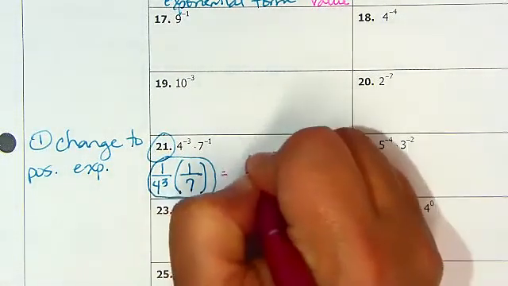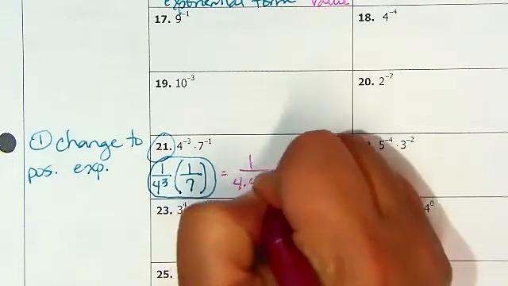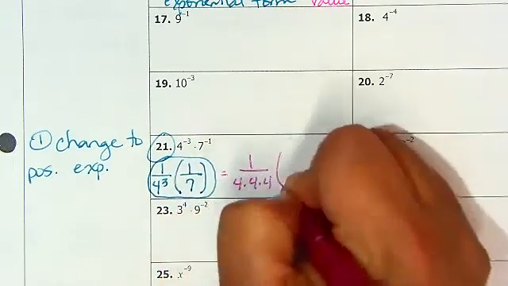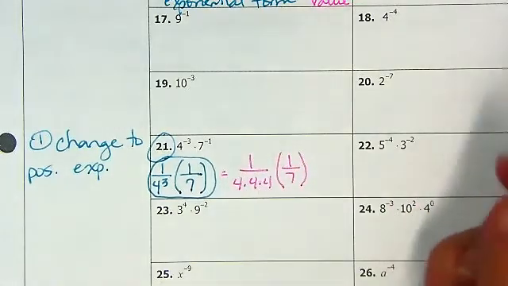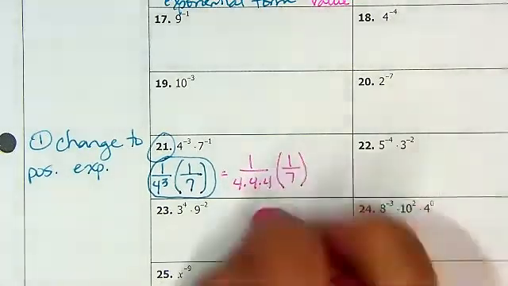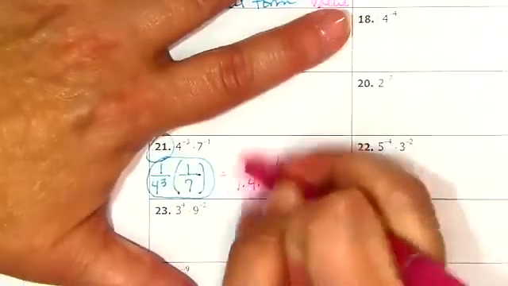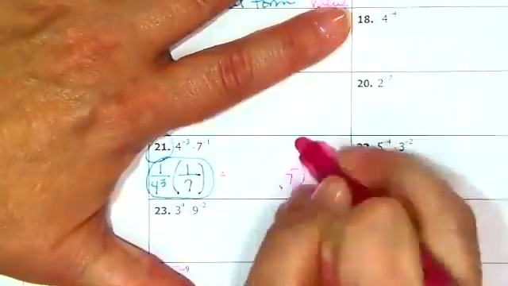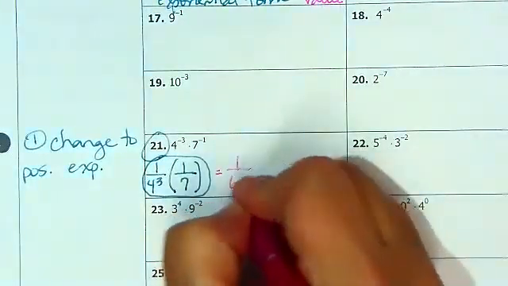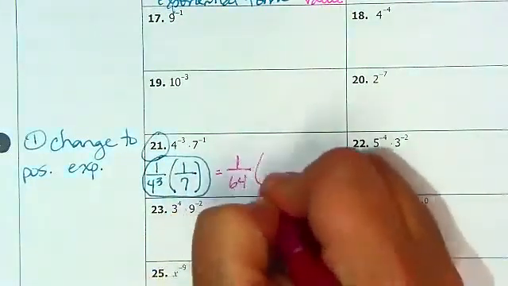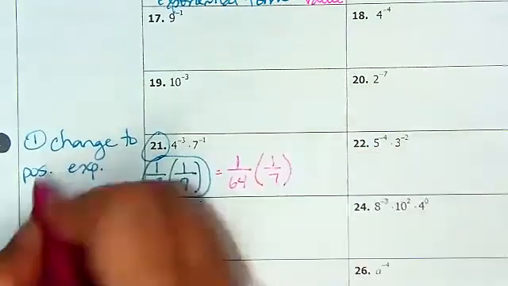So I'm going to have 1 over 4 times 4 times 4 times 1 over 7. I'm going to have to do the calculations of the 4's off to the side. This gives me 1 over 64 times 1 over 7.